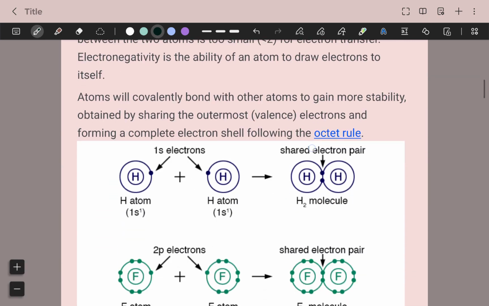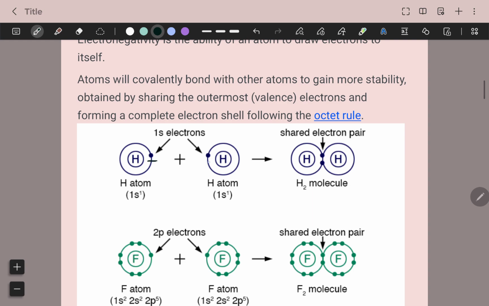Each hydrogen has one valence electron, and the capacity of the first valence shell is 2 electrons. So these atoms come close and a pair of electrons is shared, a covalent bond is formed, and both atoms have completed valence shells.